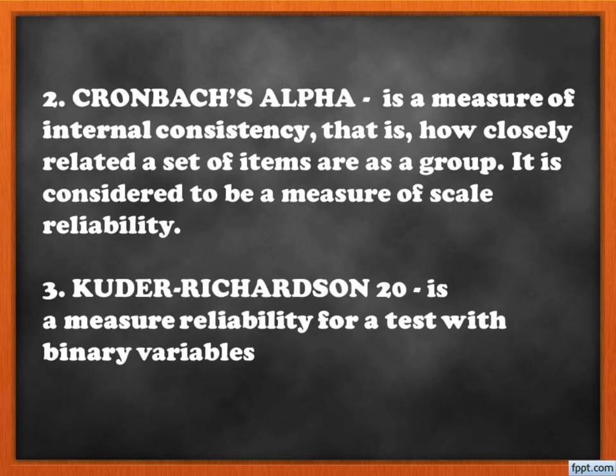This is the most famous and widely used method, or also known as Cronbach's alpha. This is recommended for test with non-dichotomous items, gaya ng mga ginagamitan ng Likert scale. Then, another one is the Kuder-Richardson 20. This is used for test with dichotomous items, gaya ng mga responses na merong yes or no, agree or disagree.